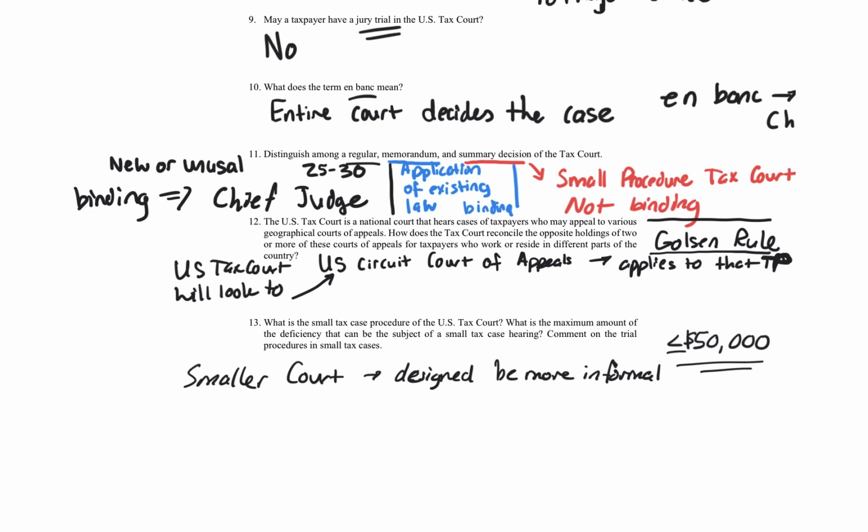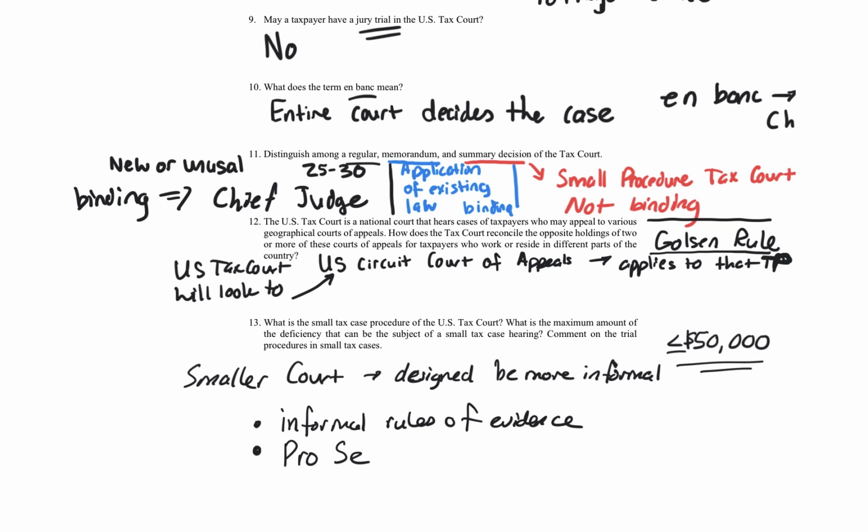Comment on the trial procedures in the small tax cases. So I mentioned this earlier. The main one is it's more informal in terms of the rules of evidence. Another element is this is the only court in terms of tax cases where a party, a taxpayer, can appear pro se, which means they can represent themselves.